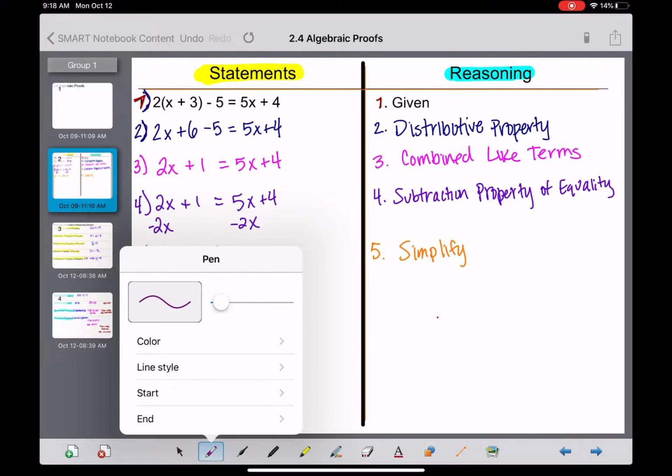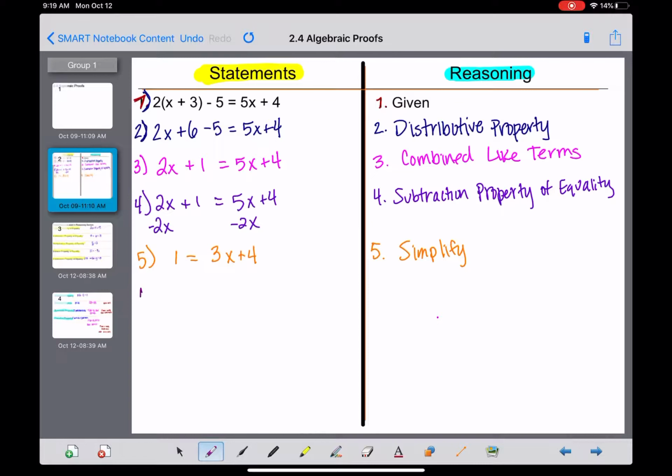From here, I am going to subtract my 4 from both sides. So I'm going to rewrite this equation, but now I'm going to show subtract 4, subtract 4. Once again, subtraction property of equality.